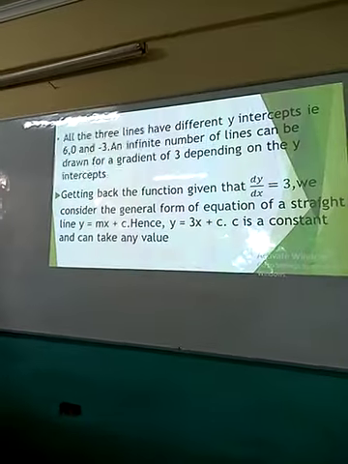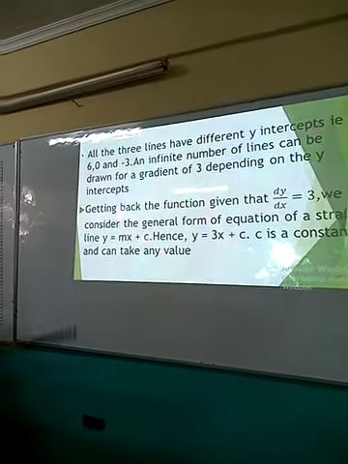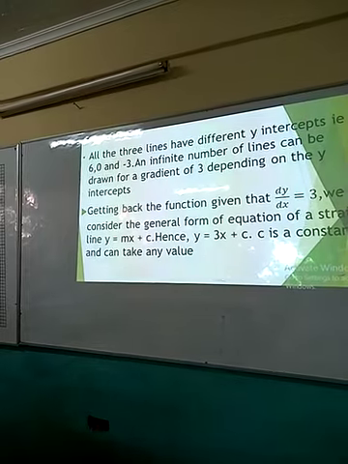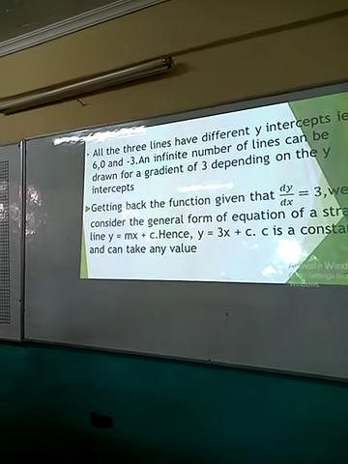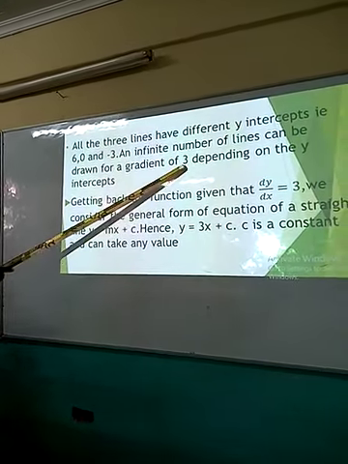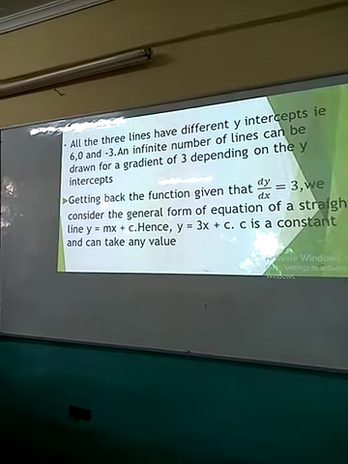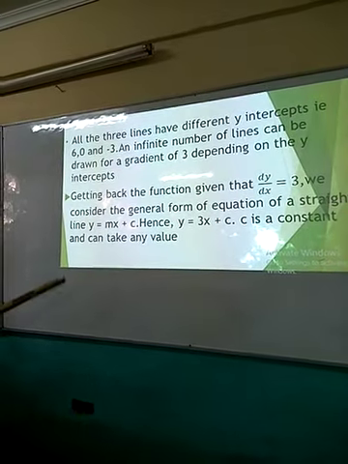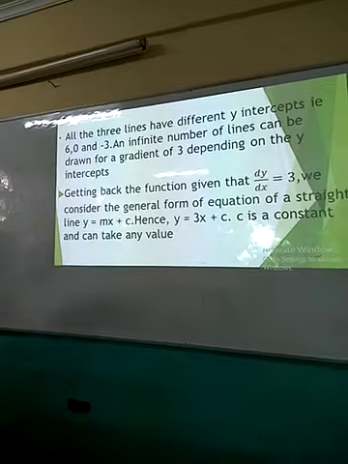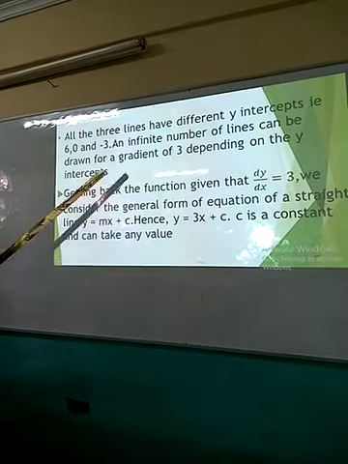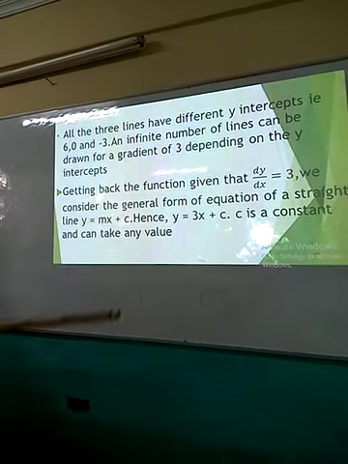I want you to think about that. Straight lines have constant gradients, so these 3 have a constant gradient of 3, but we can have several other straight lines with different intercepts, but having the same gradient of 3.